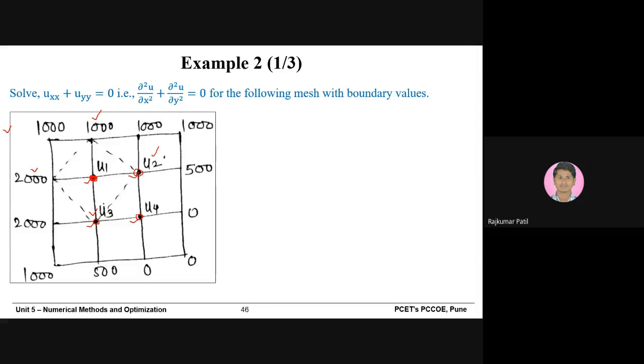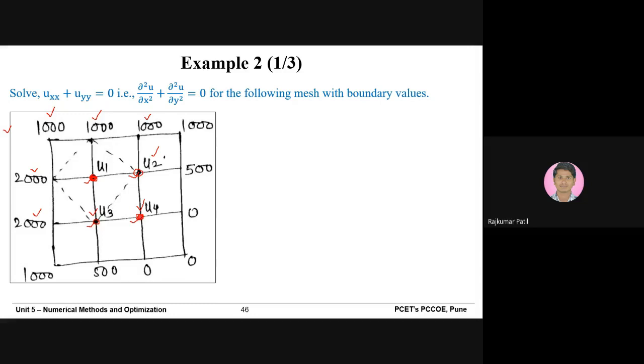Then we will check, can we use the diagonal 5-point formula? In that case, u1 will be equal to 1/4 into (1000 plus 2000 plus u4 plus 1000). Again, in this equation as well, u4 is unknown.